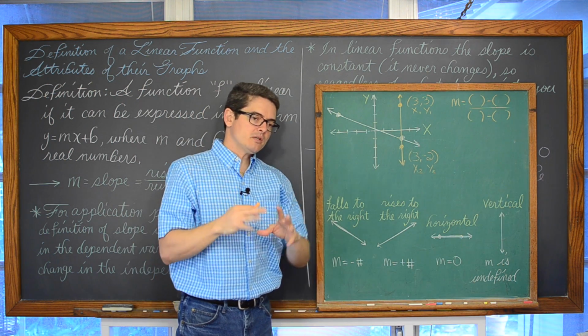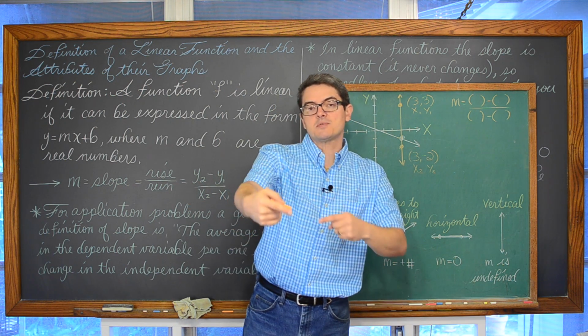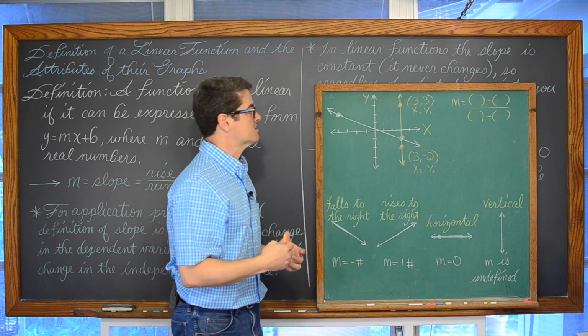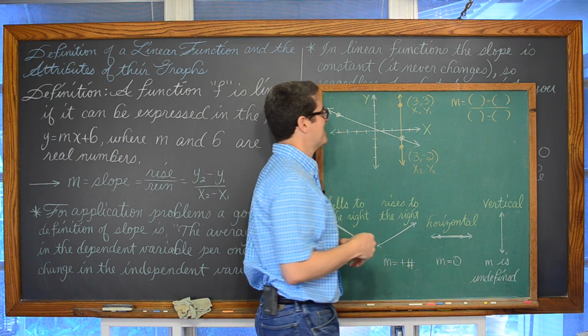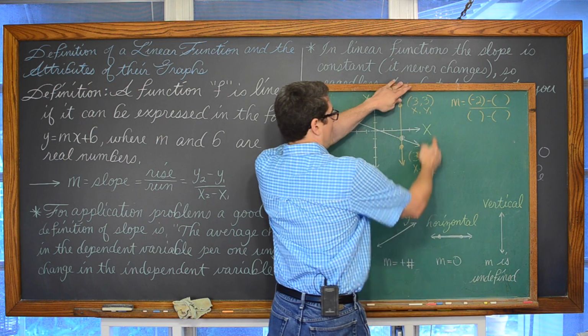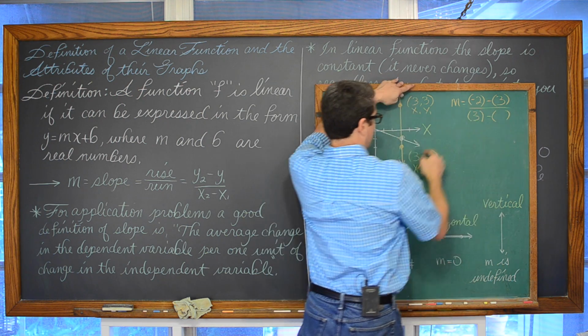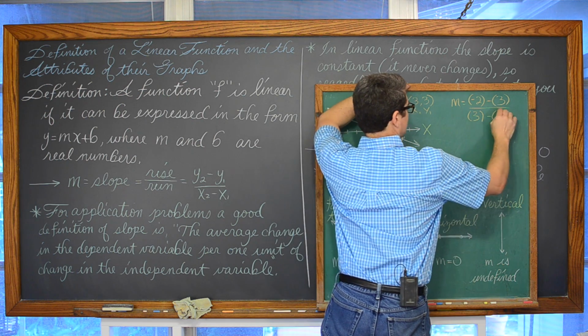Really, you should always put a set of parentheses where there's a variable in an expression when you start to substitute into it, to help prevent making any sign errors. So y2 is negative 2, y sub 1 is 3, x sub 2 is 3, and x sub 1 is also 3.